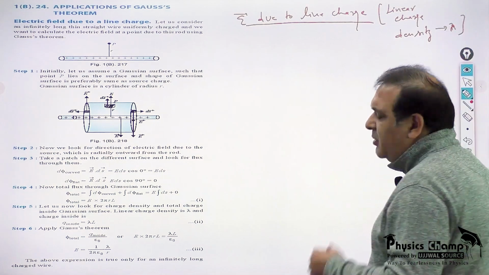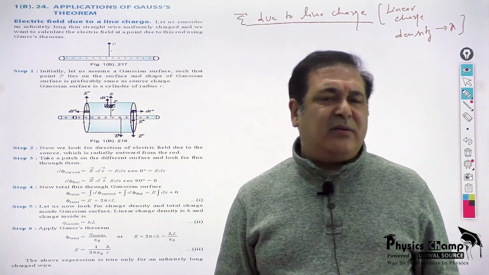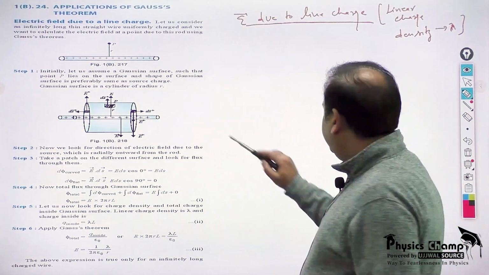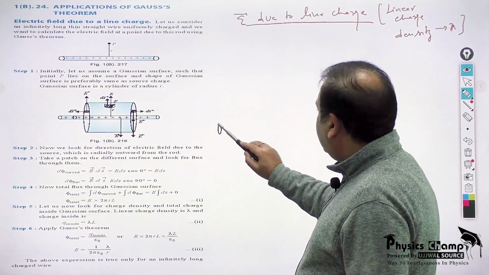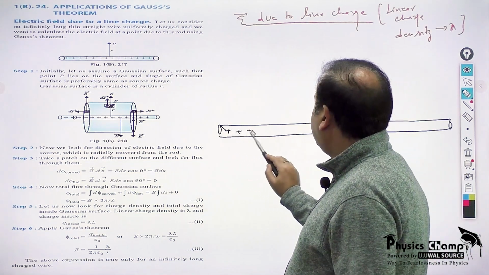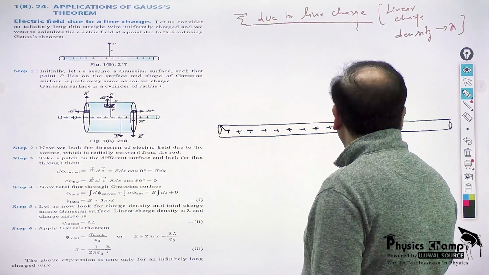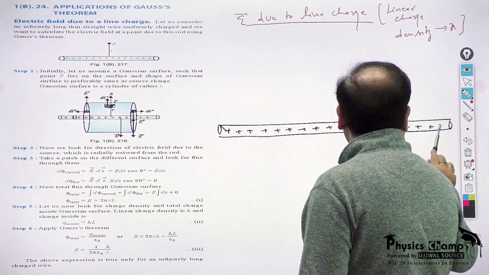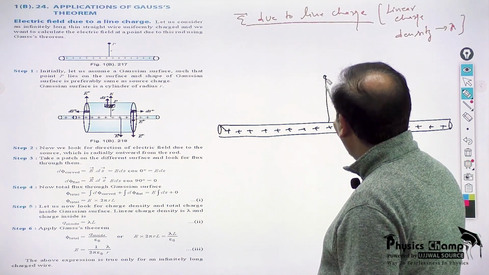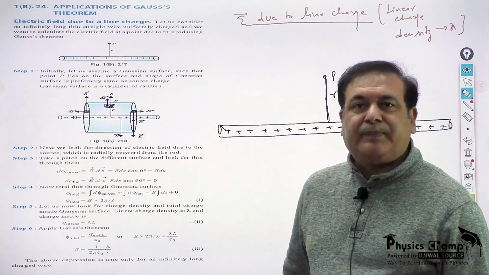So charge is distributed in a line and we can say it has a linear charge density, charge per unit length, lambda. So we assume there is an infinitely long rod which has charge distributed everywhere. It may be a uniform distribution of charge. The situation is, due to this, I am looking for the electric field at a point P, maybe at a distance r from here.